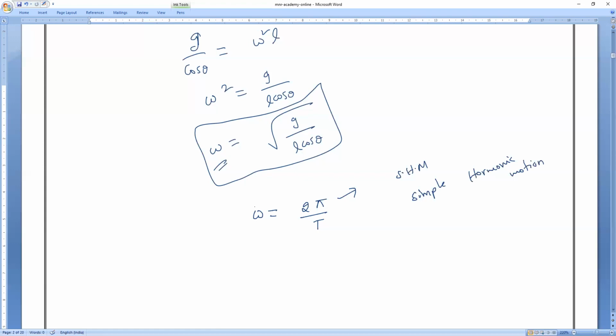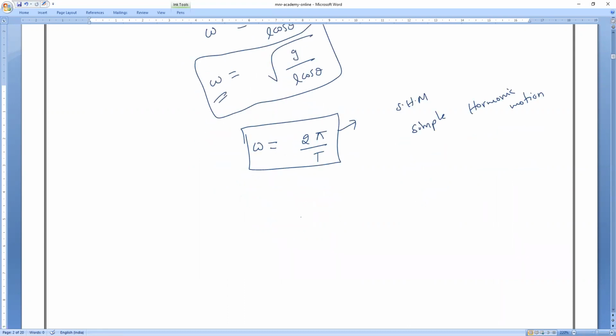We already have this formula, I told you, or not? We found the relation between omega, angular velocity, and time period. Am I correct? We found the relation between frequency and angular velocity, or not? Check your notebooks.